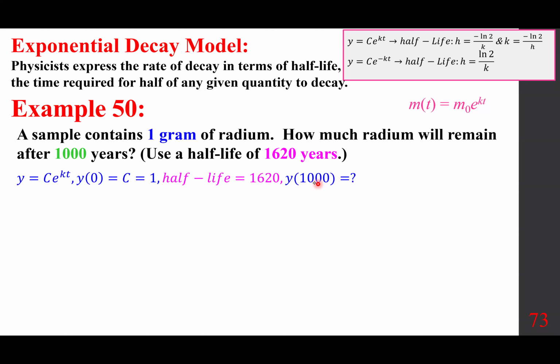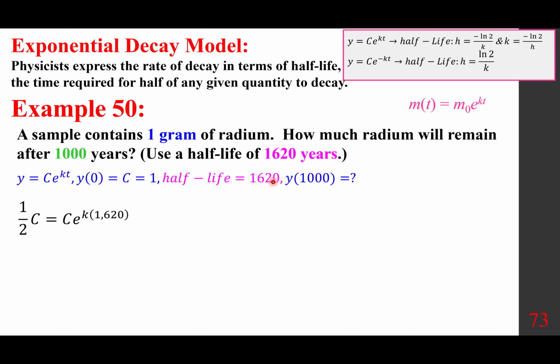So if we go with this formula and we want to look at the concept of a half-life, C represents the initial value. Half-life means the right side remains the same. This is half of the initial value, half of C. I want to make sure we understand why I'm changing the left side to half of C. C represents the initial value. We don't even have to know if it's 1 gram.